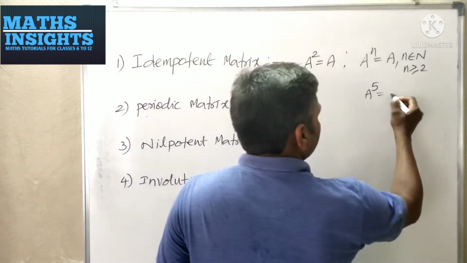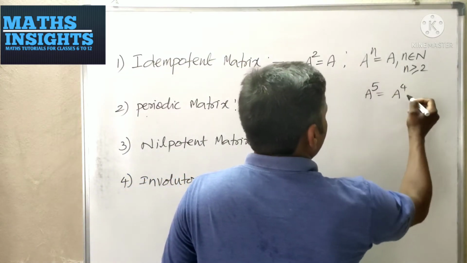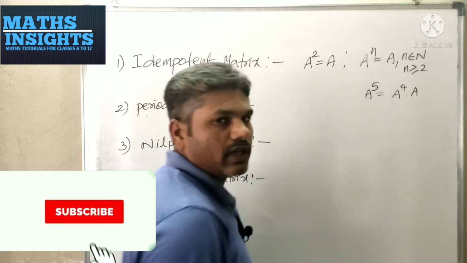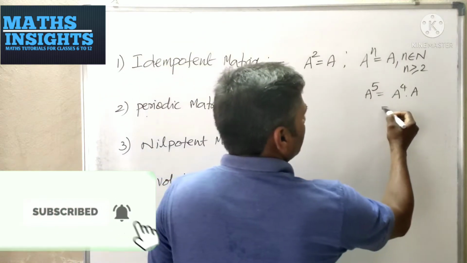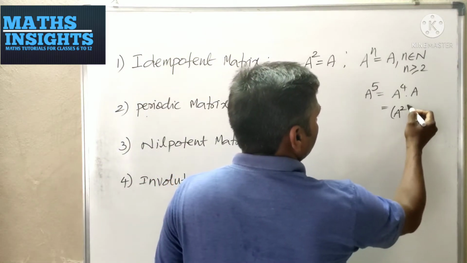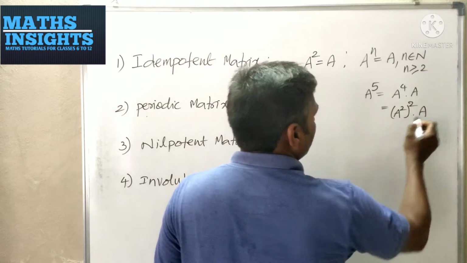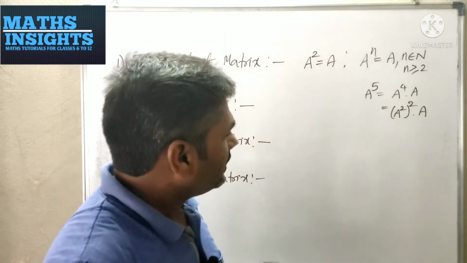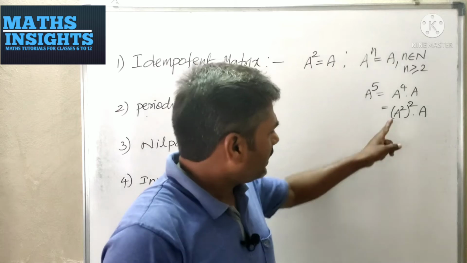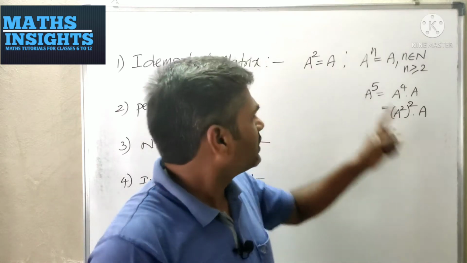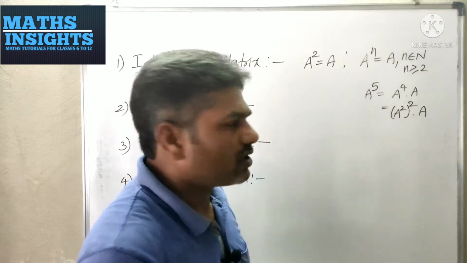Why is it? A power 5 can be written as A power 4 into A. A power 4 can be written as A square whole square into A. Since A is idempotent, A square may be replaced with A as per the condition.